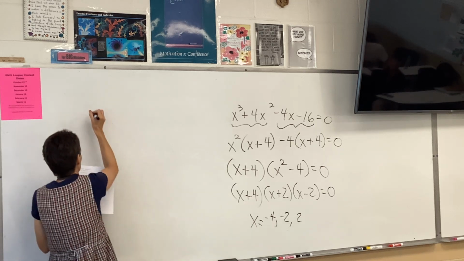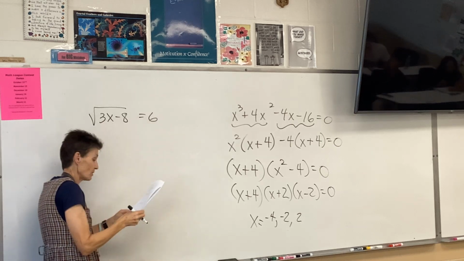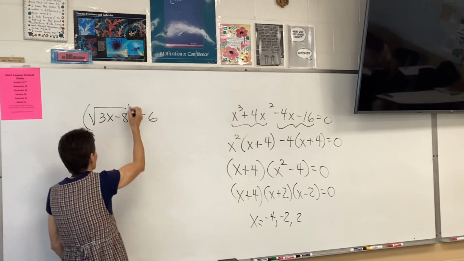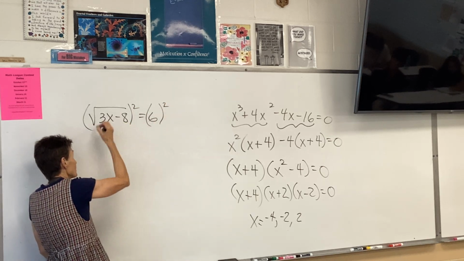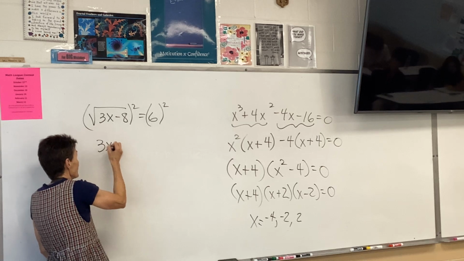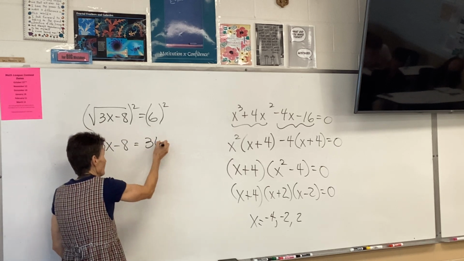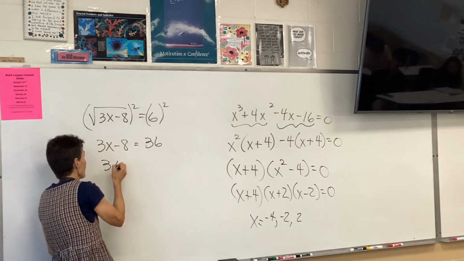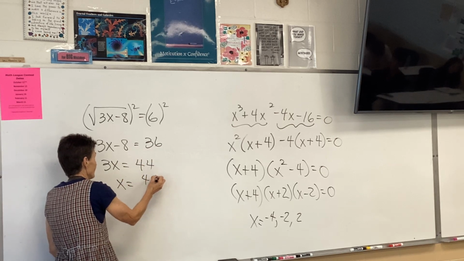All right, how about this one? What do we do to solve that? Square both sides. So when you square a square root, you just get what's in it. And then don't forget that's 36. So I'm gonna add 8 and divide.